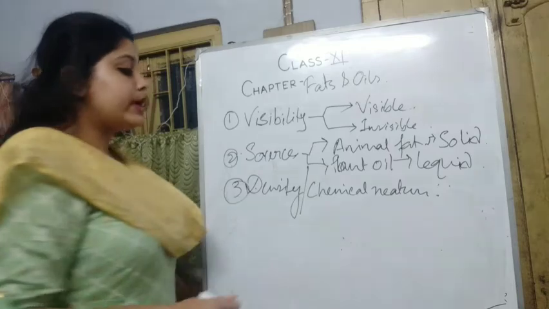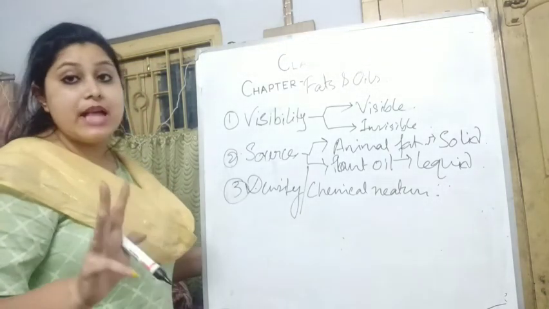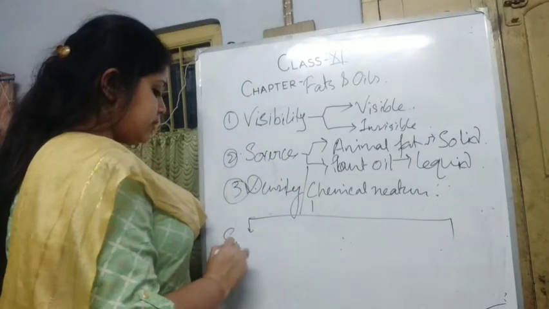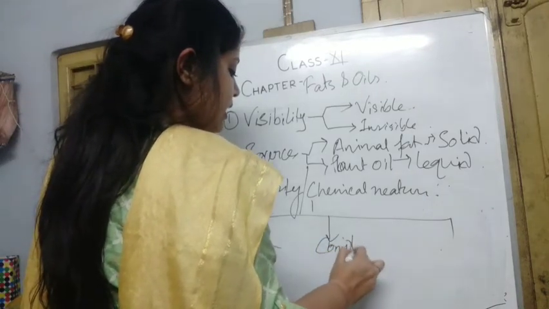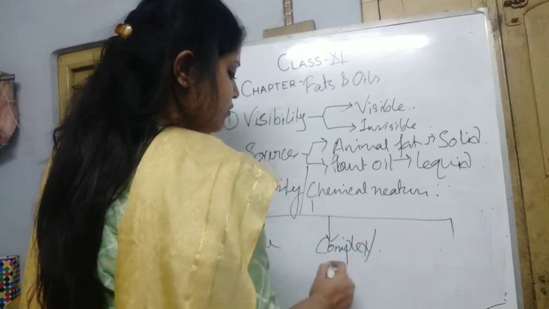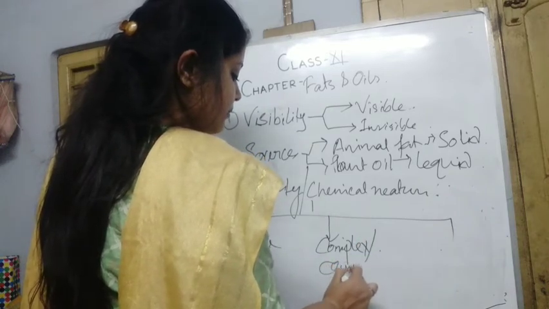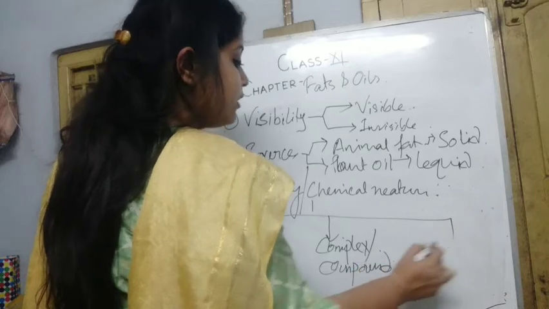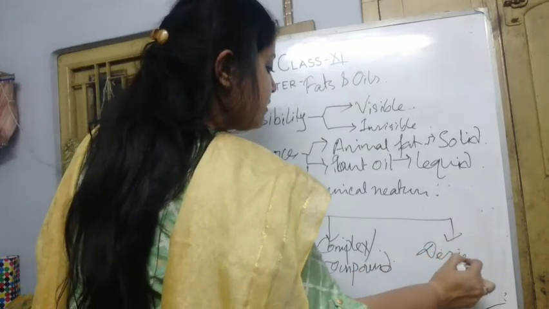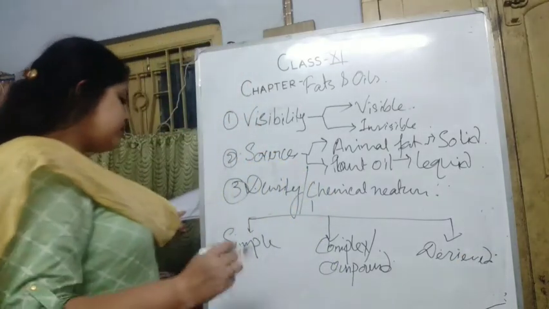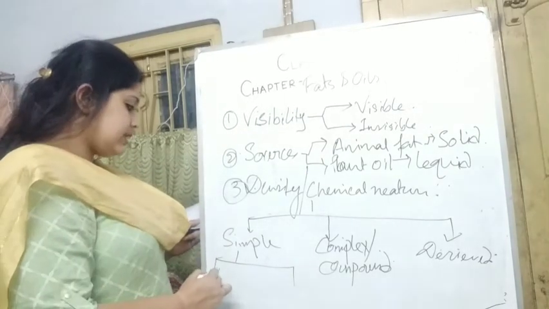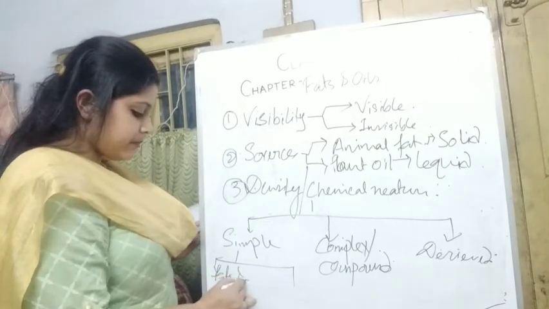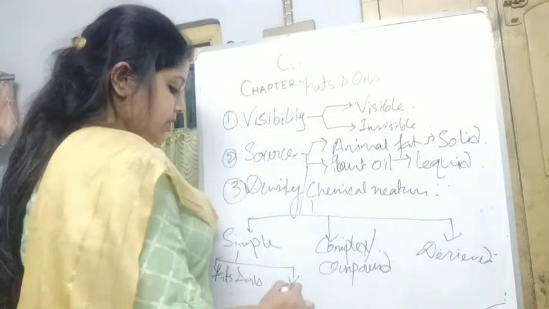According to this, fats are of three types: simple fat, complex or compound fat, and derived fat. The simple fats are of two types: the first is fats and oils, and the second is wax.